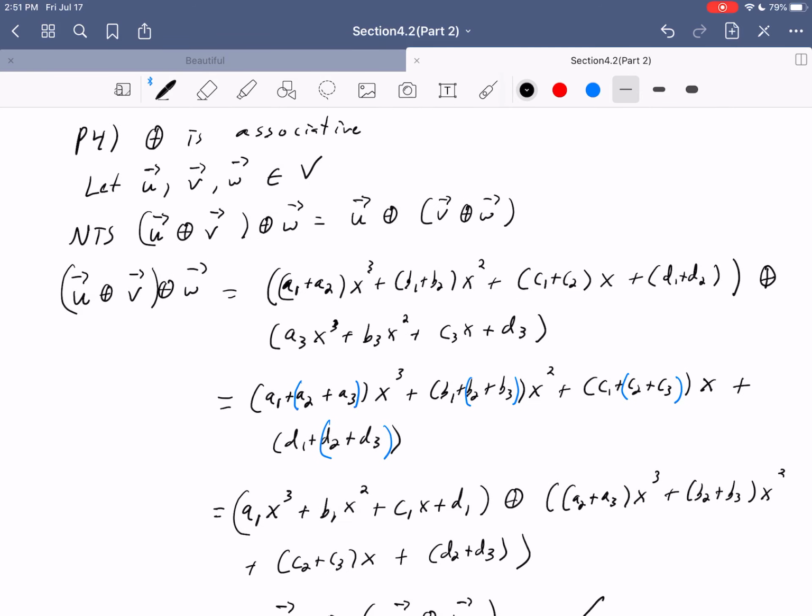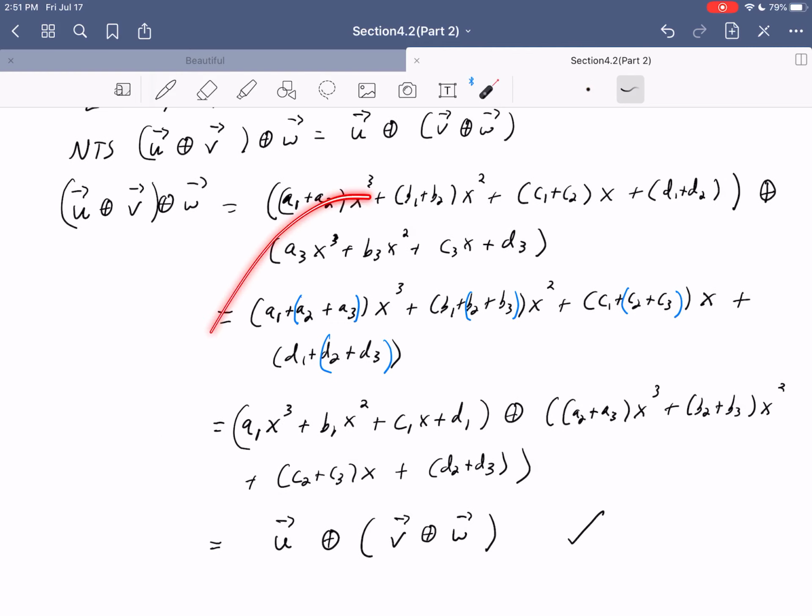We've proven P4. Now, when people see this sort of proof, they're always thinking, did we really do much? And the answer is sort of yes, sort of no. We didn't do much because all we basically said is that when you add polynomials, you add the like terms individually, and for each like term, you just add like normal addition.